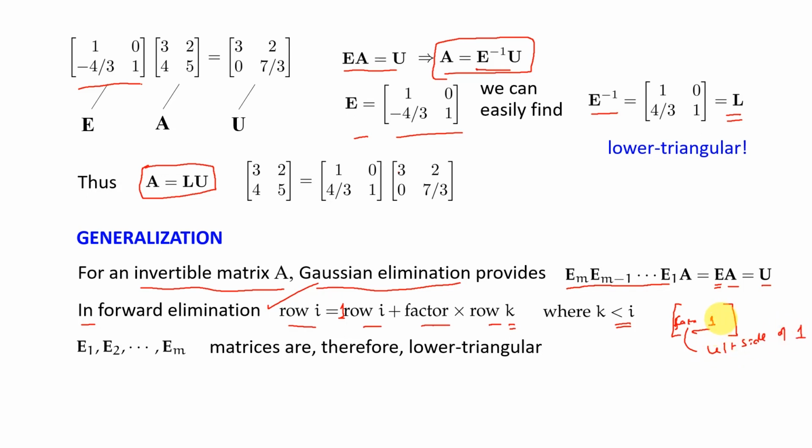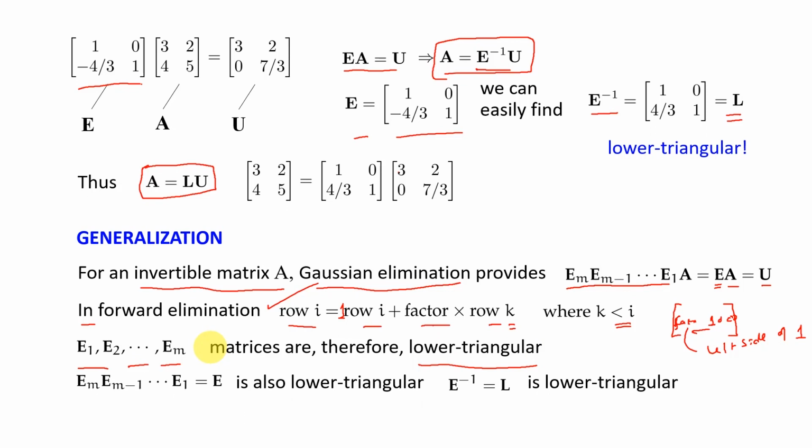Always it will happen, and then the right side will be all zeros, which means that these E1, E2 up to Em matrices are always lower triangular. Now we argue that when all these matrices Em to E1 are lower triangular, then their product E is also lower triangular. And if E is lower triangular, we argue that E inverse is also lower triangular.